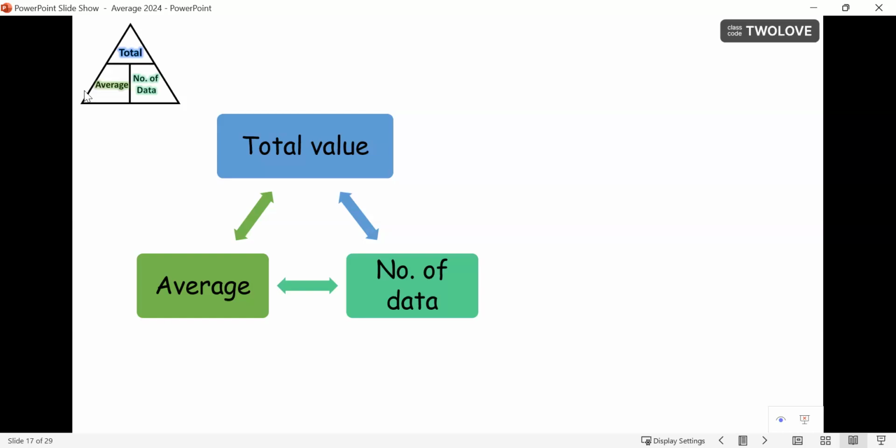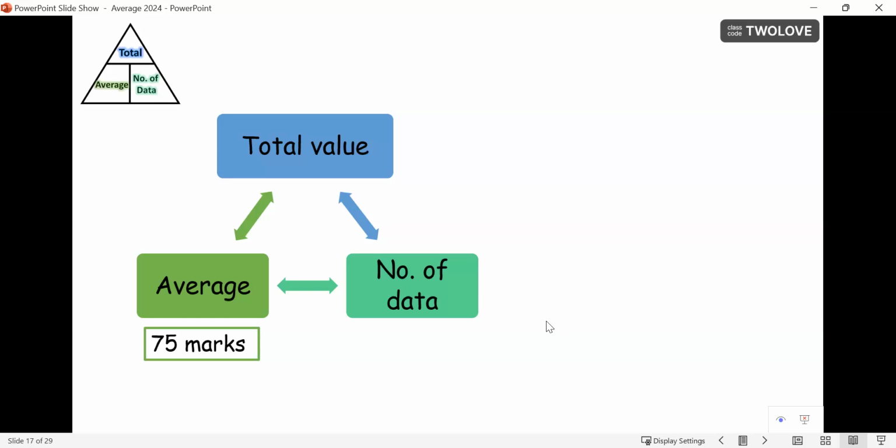Here I expanded the triangle into three number-bond look-alikes, a way of presenting the triangular relationship between total value, average, and number of data.